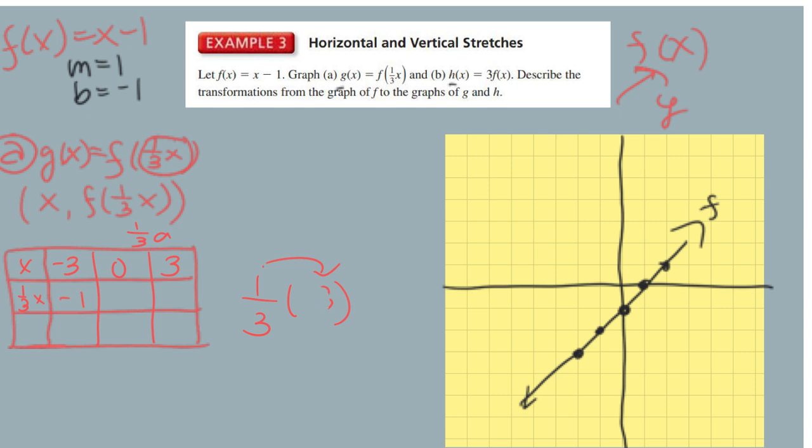Now we have 0, and 0 divided by 3 is still 0. And then finally we have 3. 1 times 3 gives me 3, and 3 divided by 3 gives me 1. Correct.